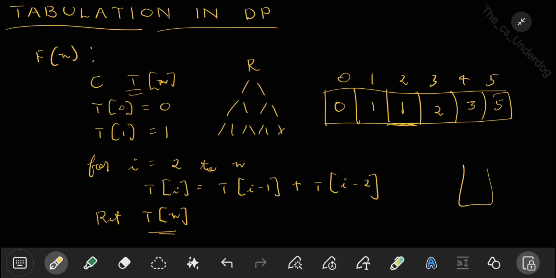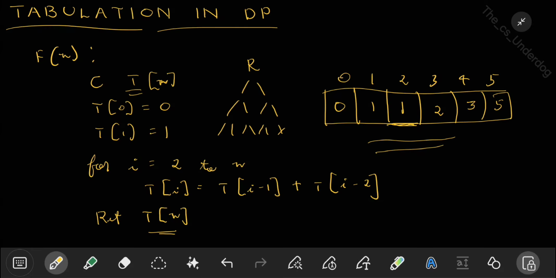You will be adding new entries to your recursion stack. This means extra memory, extra overhead is used for recursive calls. Moreover, in case of memoization, you had a table, a memo, in which you are storing everything. Over and above that, you were having additional memory used for the recursive stack.